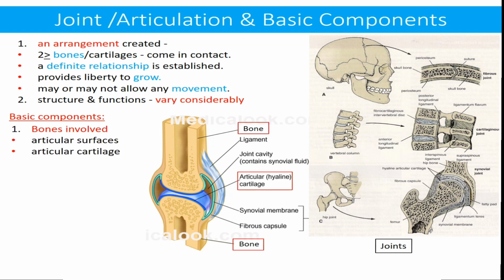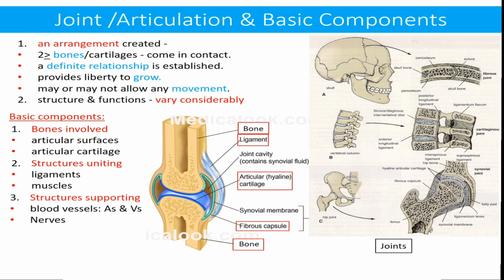The basic components of a typical joint are: number one, bones involved, that is articular surfaces and articular cartilages; structures uniting them, that is ligaments and muscles; structures supporting the components involved, which are the blood vessels and nerves.